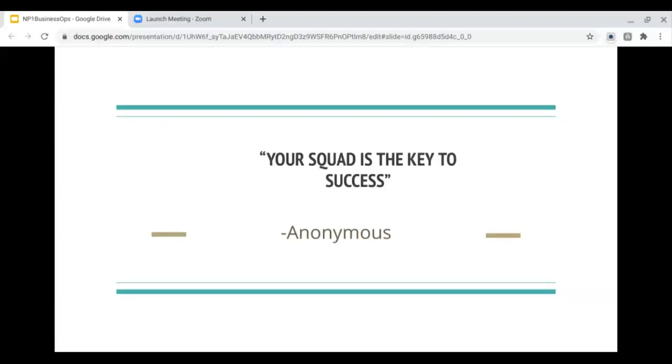And then finally, your squad, as I call it, or your team, is key to your success. A lot of things that I tell people when it comes to the mindset is that it is a transition. Many times as startup staffing agencies, we still have to work for employers.